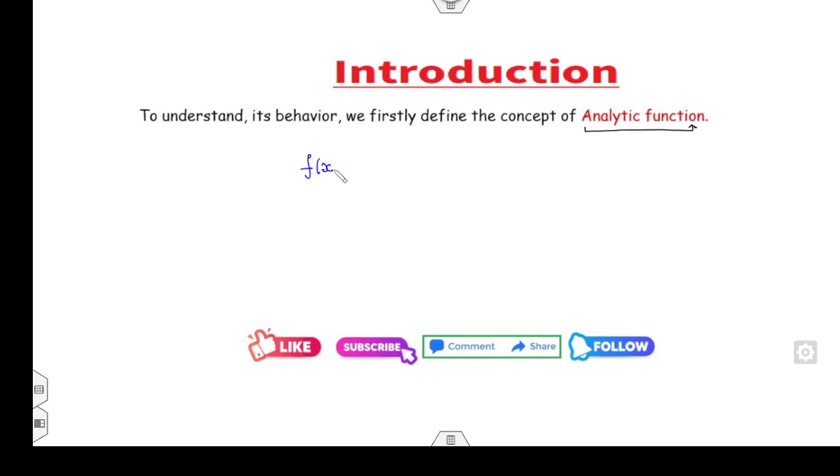Any function f(x) is said to be analytic at the point x equals x naught. कब कह सकते हो किसी भी पॉइंट को एनालिटिक?